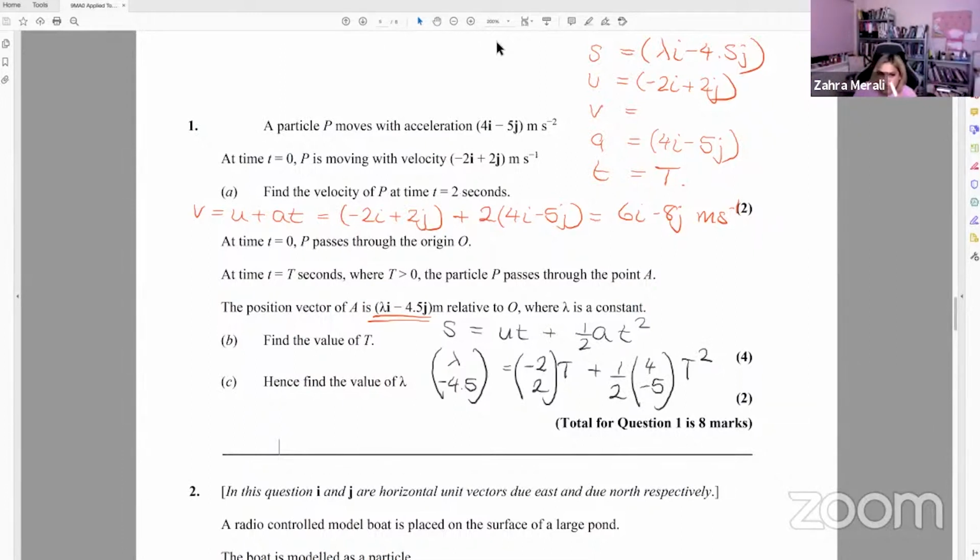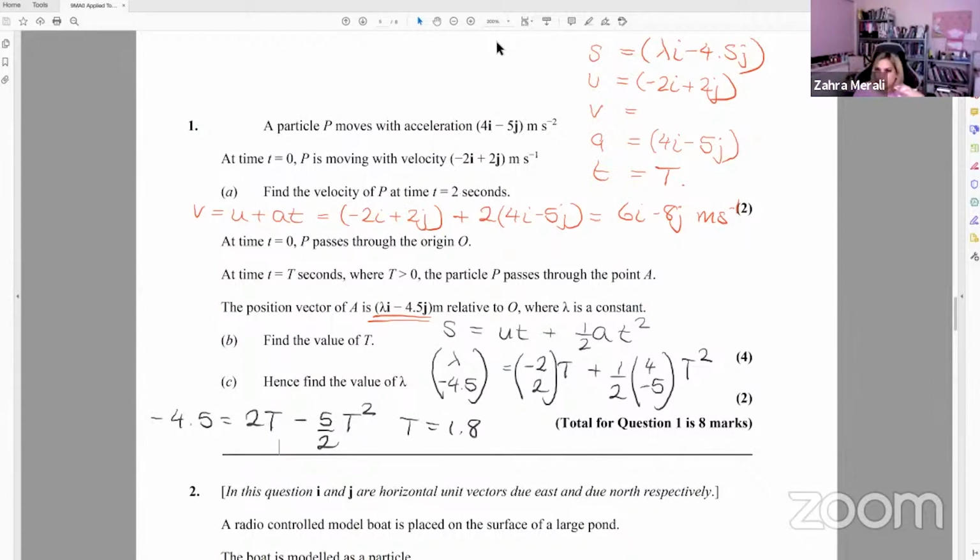So if we take the j's and make that equal, we get -4.5 equals 2T - 5/2 T squared. Then you put everything on one side, plug it into your calculator, and it will tell you that T equals 1.8.